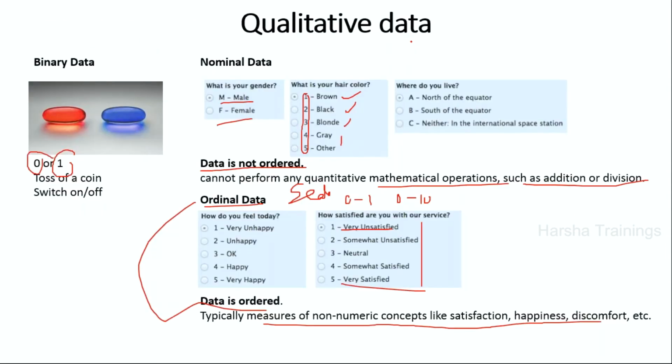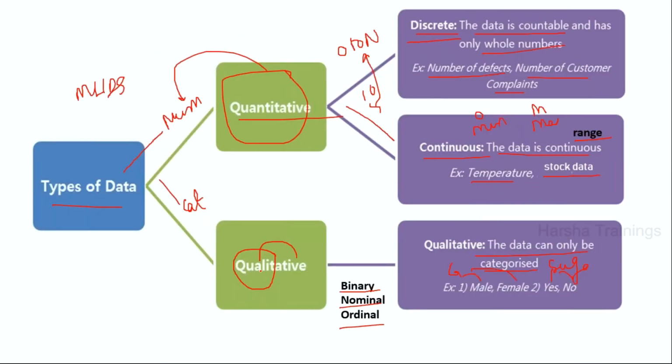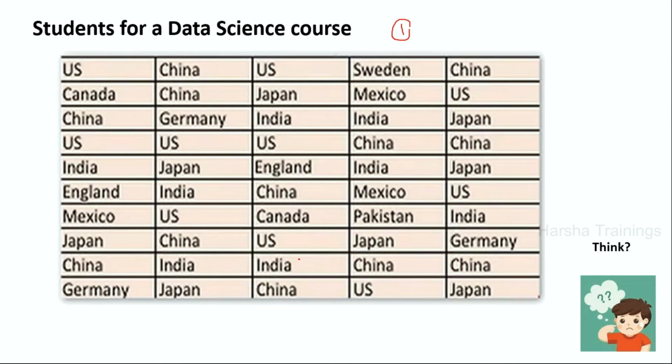Just now I discussed it. This is called qualitative data. Here text data is called qualitative. Will you agree? Yes. It is qualitative, also called categorical data.